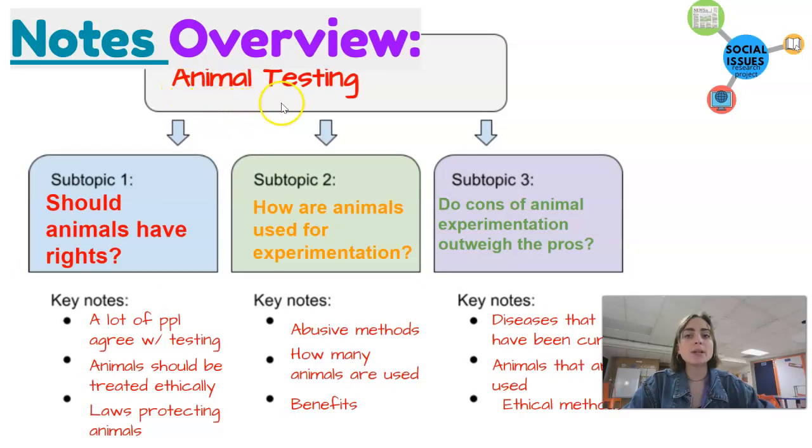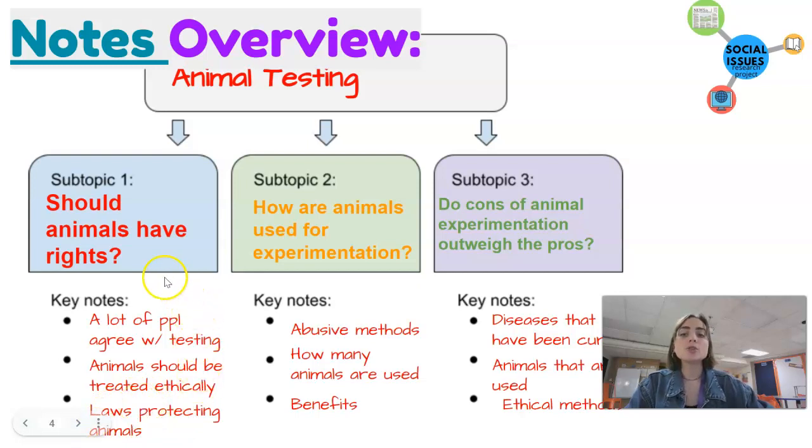So if our main topic was animal testing, so that means using animals to test different products and things like that. If the topic was animal testing, one of our guiding questions might be, should animals have rights? A couple keynotes or main ideas that fit under this subtopic could be, a lot of people agree with animal testing, animals should be treated ethically, and maybe some of the laws that protect animals?